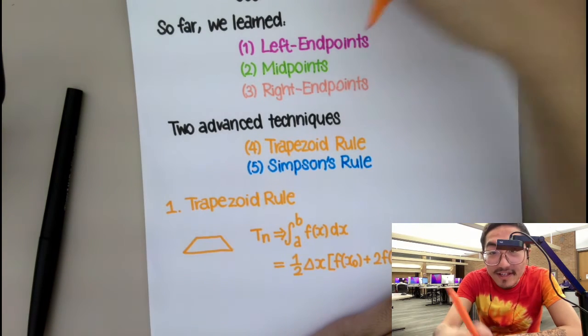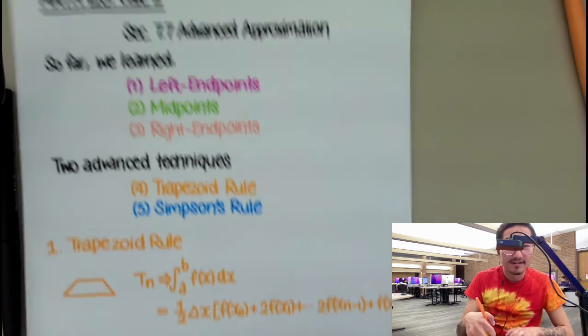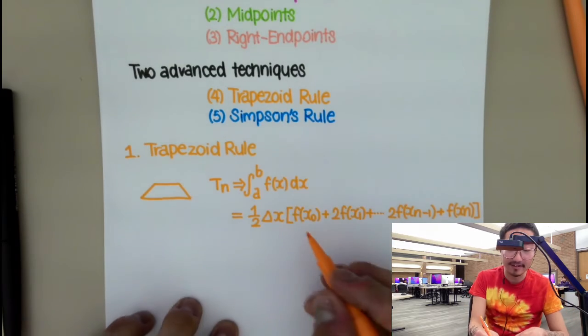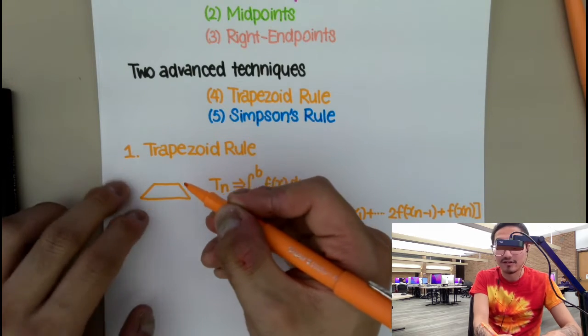Hope you can still see my writing. This is the trapezoid rule: the coefficients are 1, 2, 2, 2, and so on until the last point, which is 1.